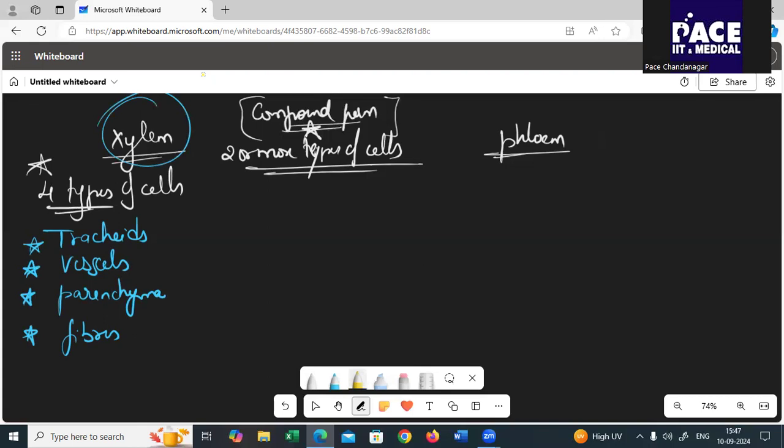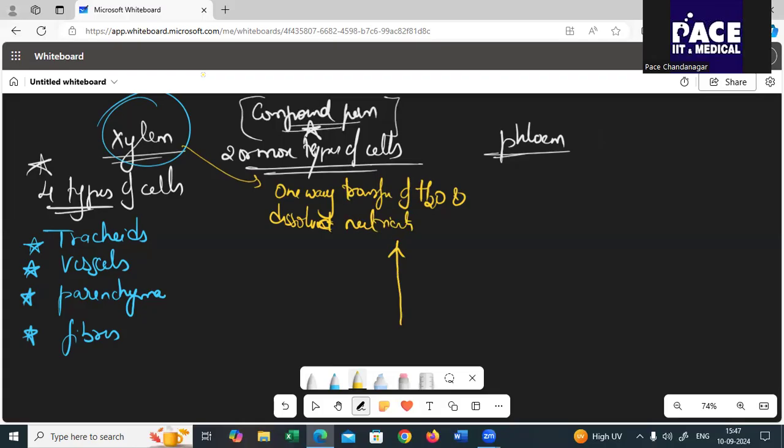And what does xylem do? Xylem has one-way transfer of water and dissolved nutrients from the bottom part to the top part. Where are you getting the nutrition from? The plant is getting the nutrition from the soil, through the dissolved nutrients in the water.